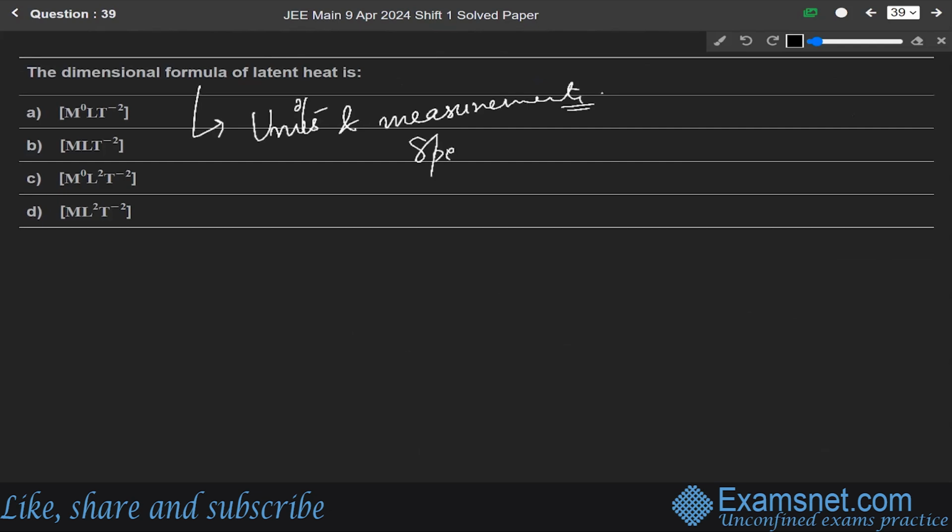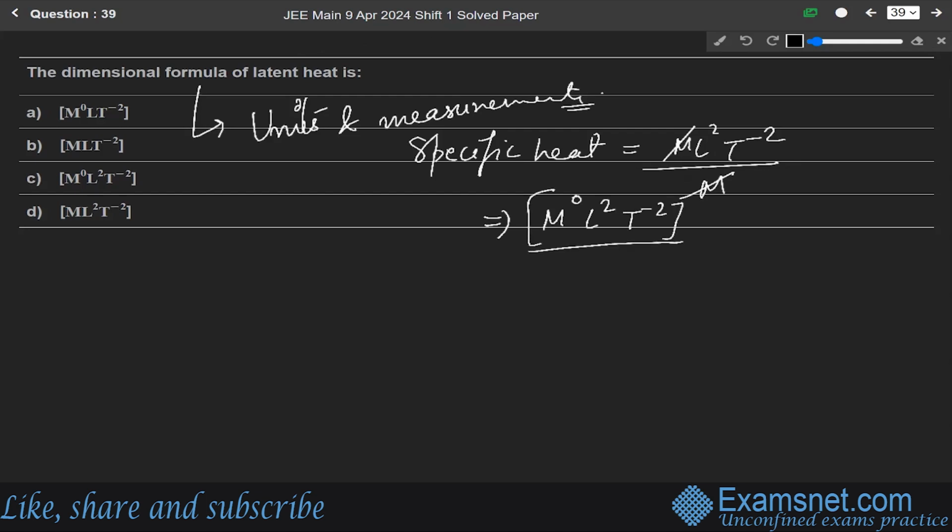So for specific heat, it is equal to M L2 T minus 2 over mass M. Just solving it, we get M naught because they cancel each other out, L2 T minus 2. So the dimension of latent heat, which is actually like specific heat, is M naught L2 T minus 2, means option C is the correct answer.